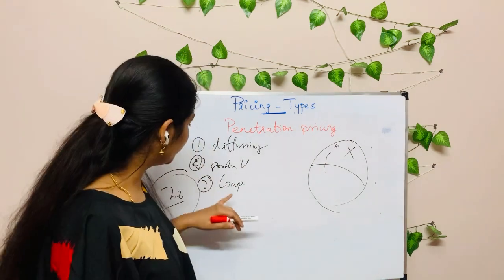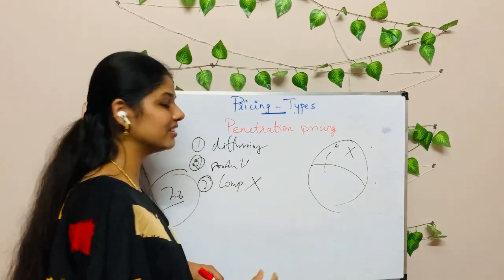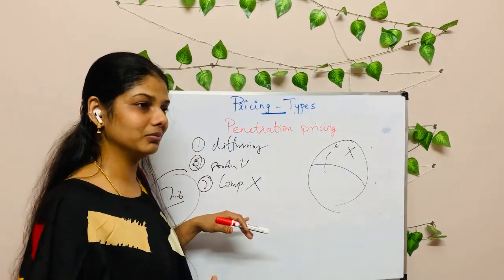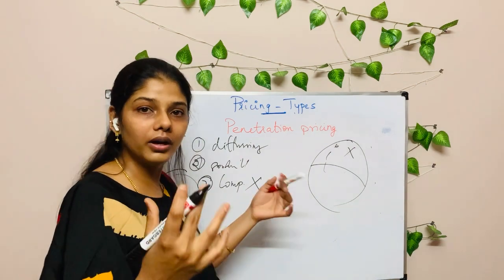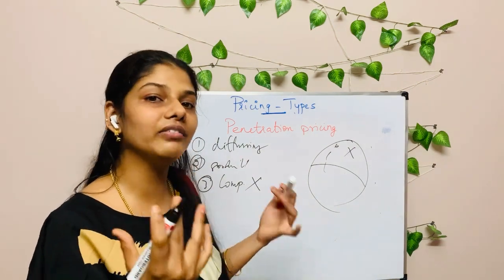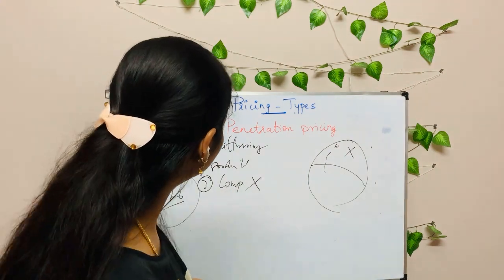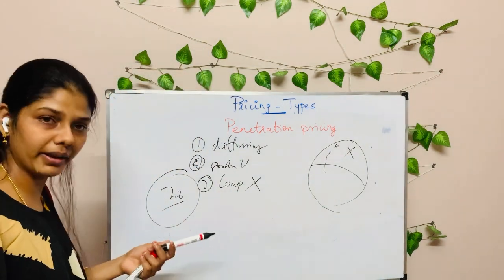Am I right? So you restrict all the competitors who are coming in. I think that is one of the biggest advantages. You become the king of that particular product, and you don't let anyone come into your market. So these are the 3 advantages of penetration pricing.